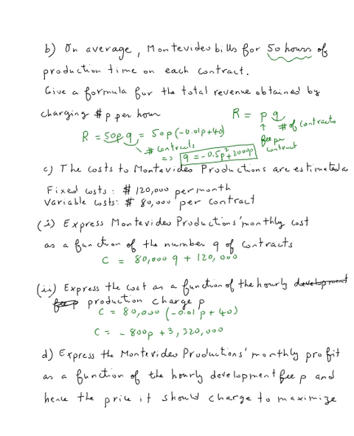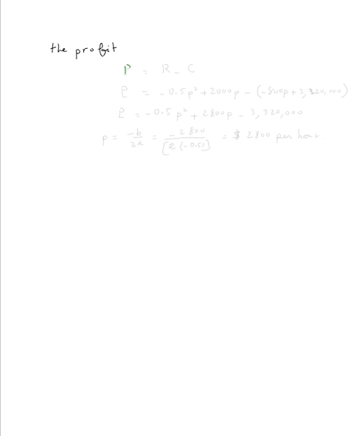Now for the last one, express Montevideo Productions' monthly profit as a function of the hourly development fee, and then the price to charge to maximize the profit. So first, the profit is equal to revenue minus cost. We already found the revenue and the cost. All we need to do is plug it in.